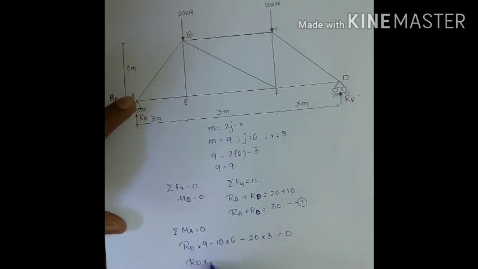So RD into 9 minus 60 is equal to 0. So RD is equal to 120 divided by 9. That comes out to be 13.33 kilonewton.